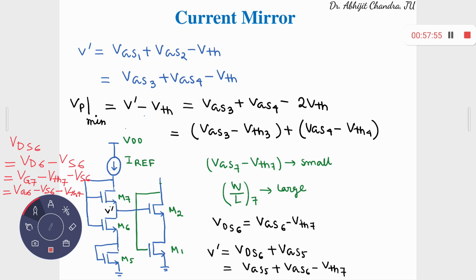That means VGS6 minus VTH7. So VDS6 is equal to VGS6 minus VTH7.